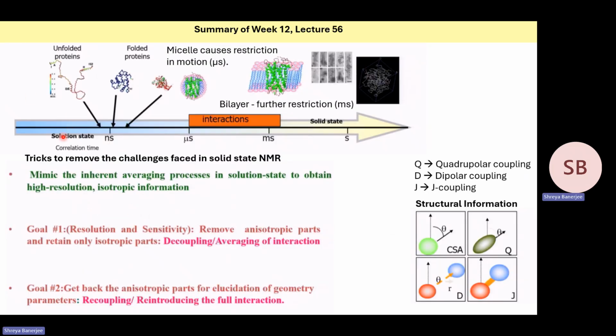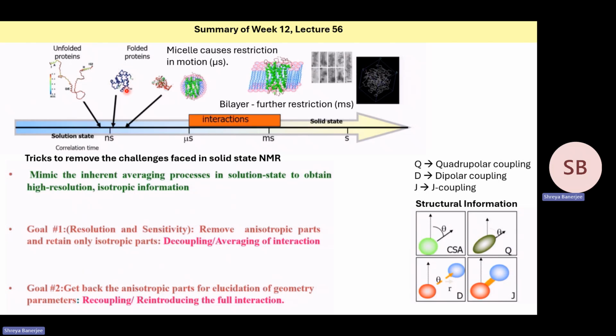So basically, you can see solution state NMR is mainly used when the protein or molecule is tumbling very fast. There can be unfolded proteins or there can be folded proteins, but as long as they are in a solution environment, they will tumble very fast, around nanosecond correlation time, and that forms part of solution state NMR.